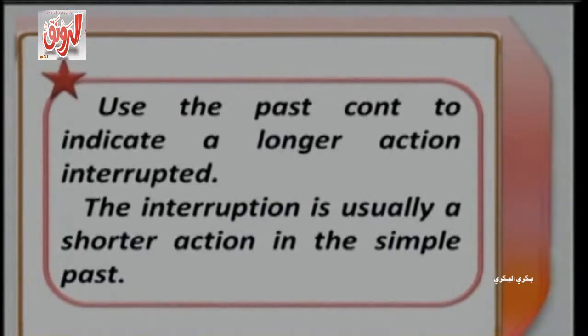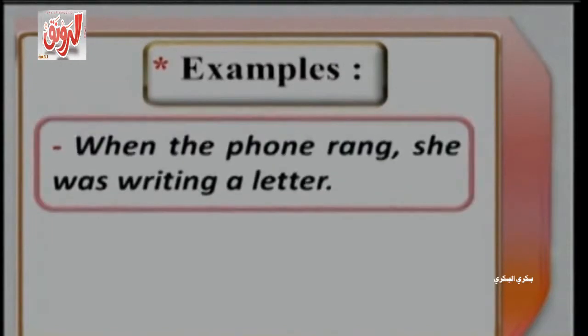Use the past continuous to indicate a longer action interrupted. This is what we did just now. The interruption is usually a shorter action in the past simple. As I told you in detail, the past continuous expresses two actions, one long and the other short. By long we mean it takes a long time, and by short it takes a short time.